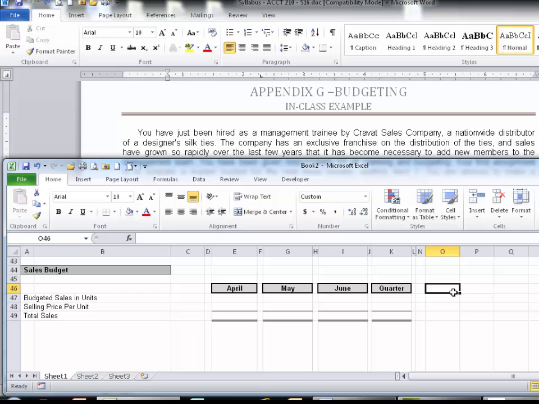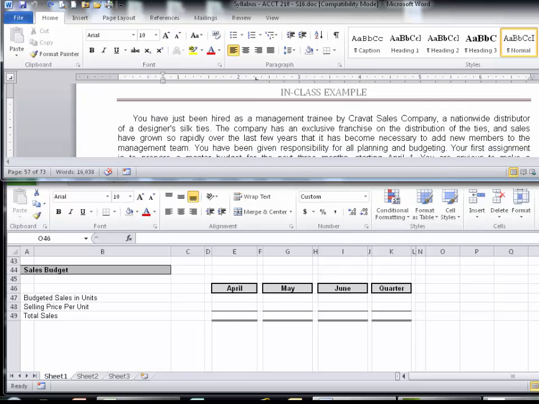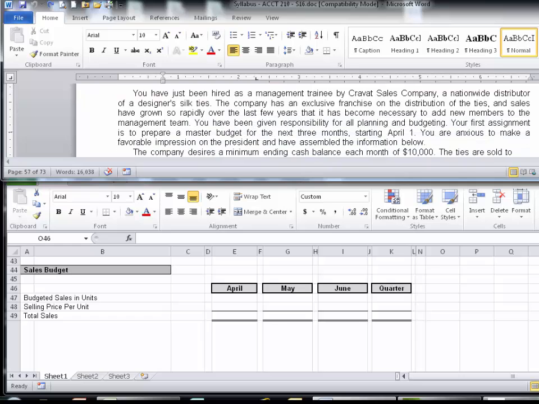Let's take a look at the data from our in-class example to prepare the sales budget. The problem says that you have just been hired as a management trainee by Cravat Sales Company, a nationwide distributor of designer's silk ties. The company has an exclusive franchise on the distribution of the ties, and sales have grown so rapidly over the last few years that it has become necessary to add members to the management team.